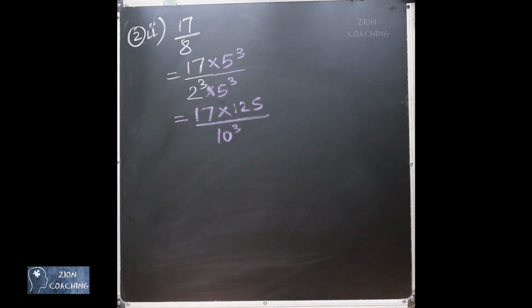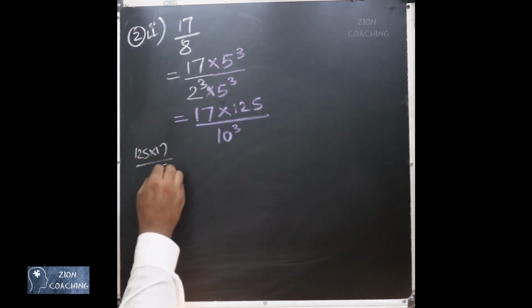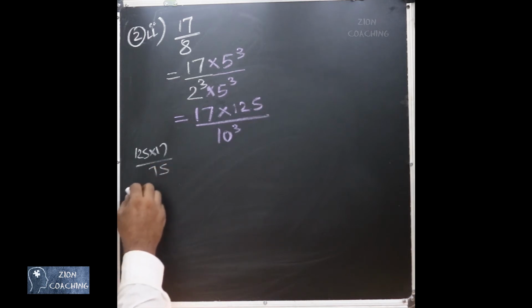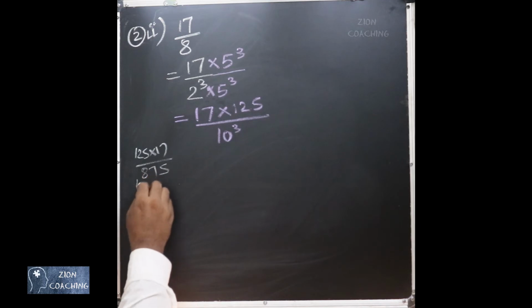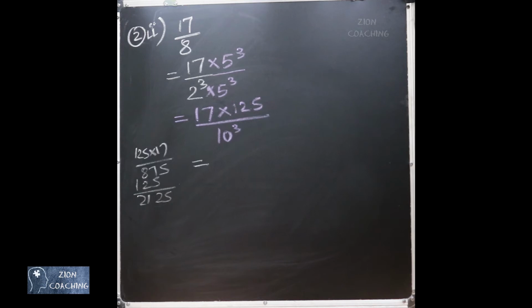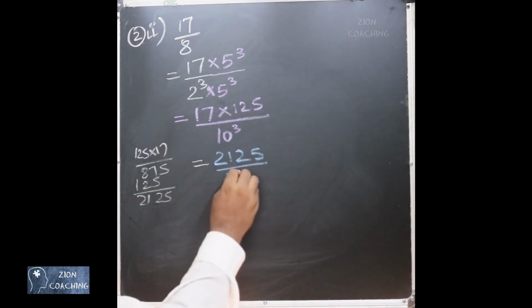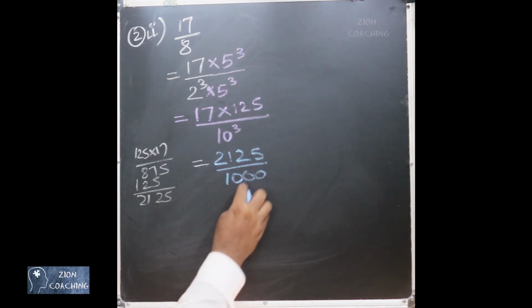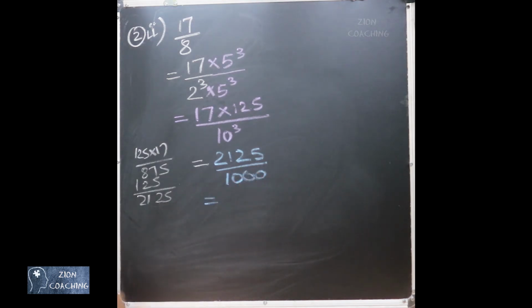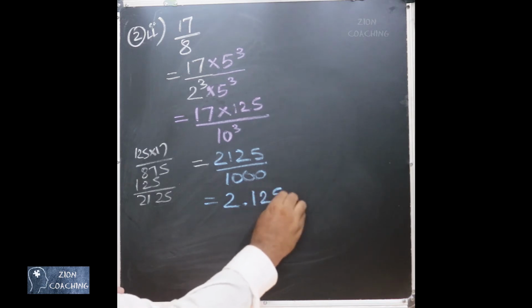When you multiply 125 by 17: 7 5s are 35, carry 3; 7 2s are 14, plus 3 is 17, carry 1; 7 1s are 7, plus 1 is 8. Then one time 125 gives 125, so you get 2125. 10 cube is 1000. Since there are 3 zeros in the denominator, there should be 3 numbers after the decimal point, so the answer is 2.125.